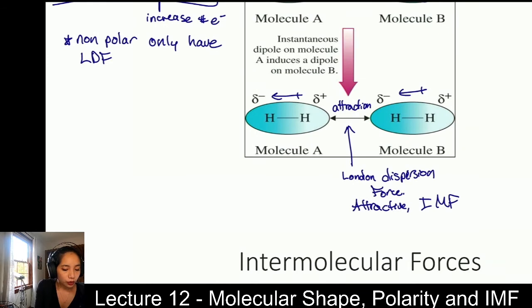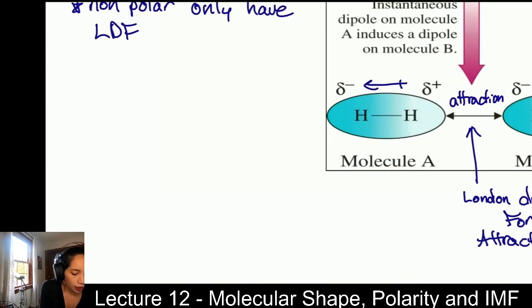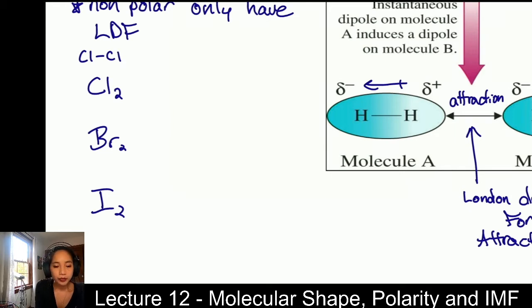So I'll give you an example. I'll give you a series of samples. Let's look at diatomic chlorine, diatomic bromine, and diatomic iodine. All of these samples are nonpolar because, just like diatomic hydrogen, they're nonpolar. If you calculate the difference in electronegativity, it's 0. All right, these essentially all look the same.